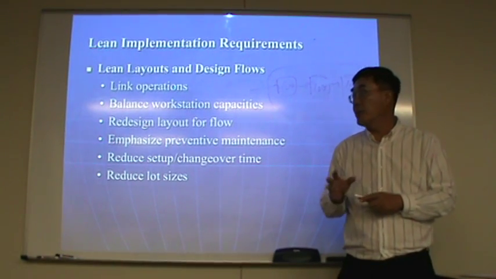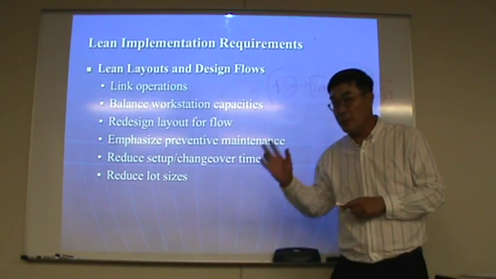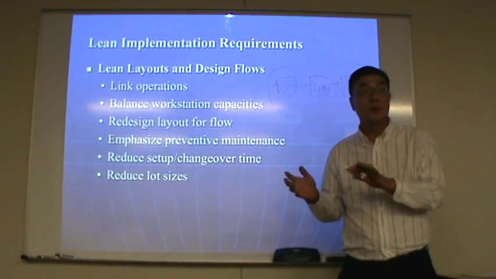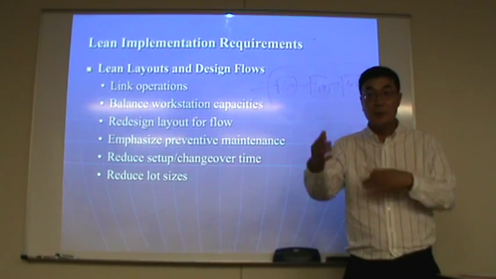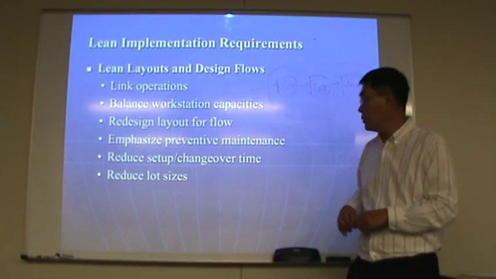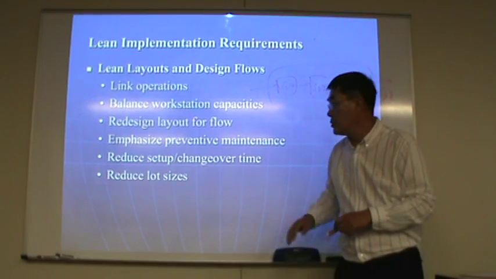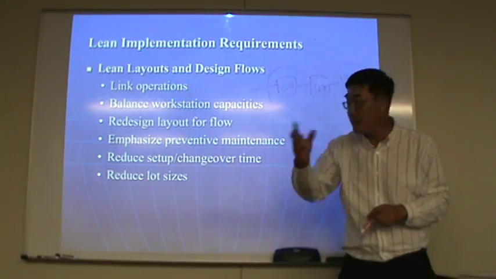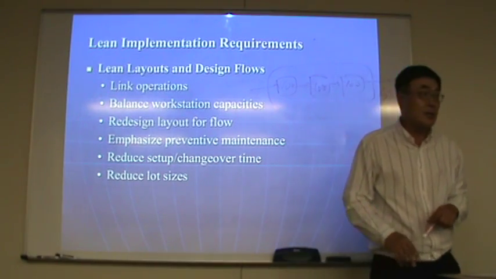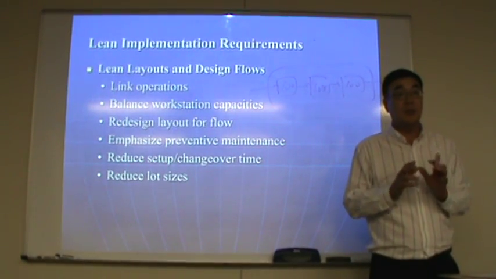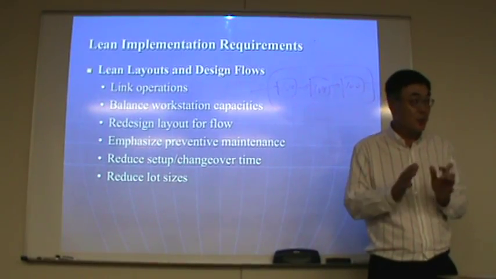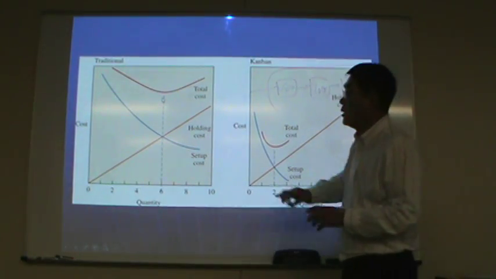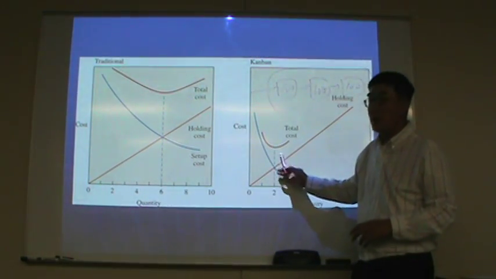So preventive maintenance, prevention management is needed. Check and maintenance. And reduce setup and changeover time, same story. And then reduce lot size. The JIT system needs small lot size. This one shows large lot and small lot size.